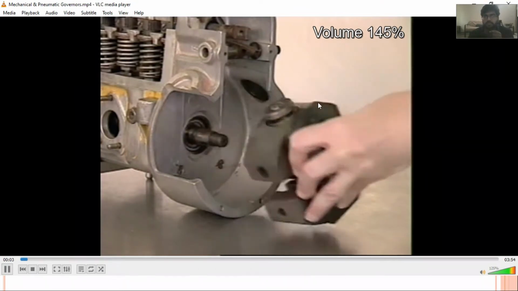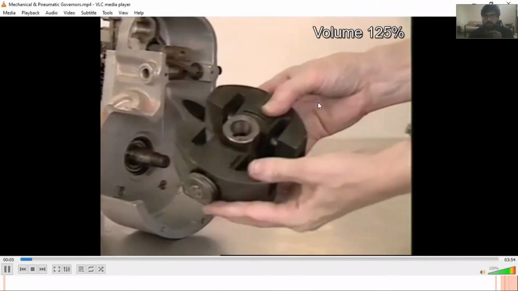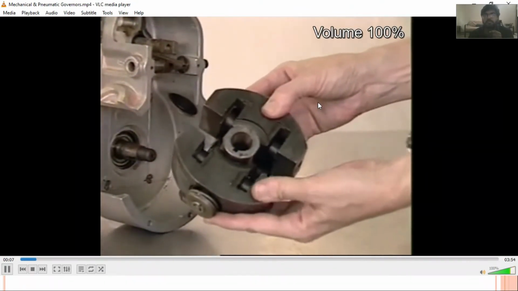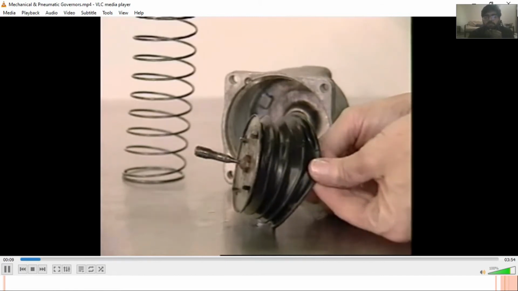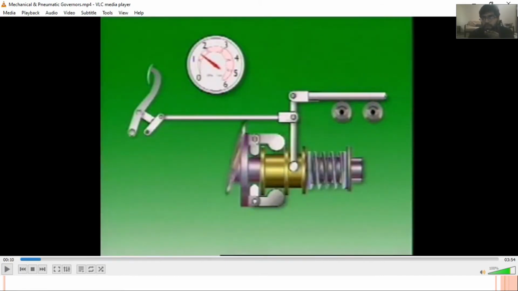For light automotive use, governors on inline pumps are usually mechanical or pneumatic. Okay, so we have either a mechanical governor or a pneumatic governor. First of all, we will discuss the details of the mechanical governor. This is the typical arrangement of the mechanical governor.